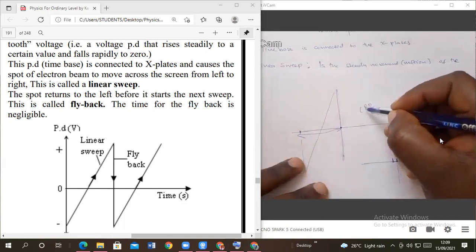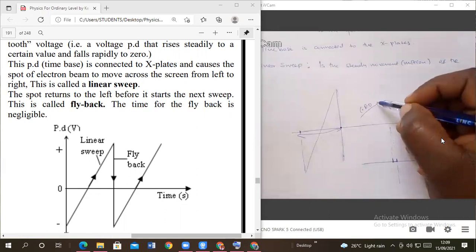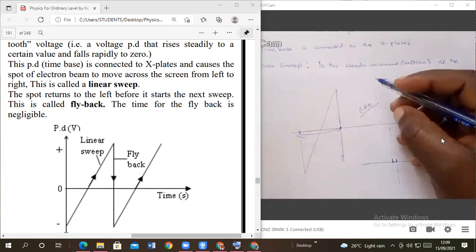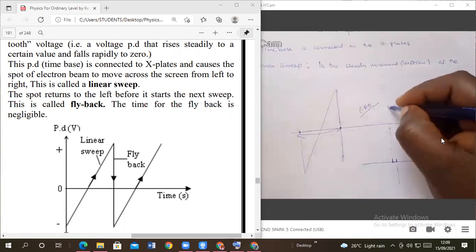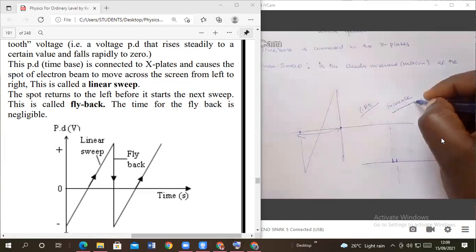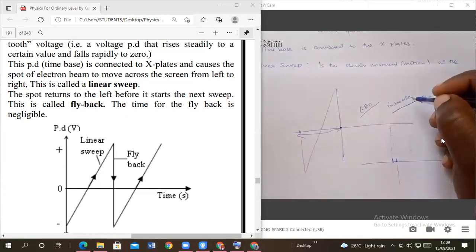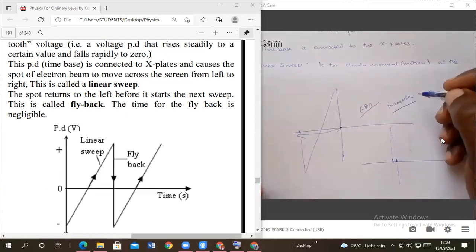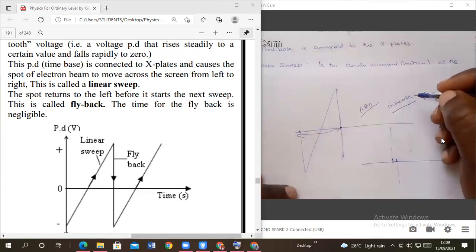The reason is that during that time, the grid's negative potential is increased. And if its negative potential is increased, it means that only a few electrons are able to reach the fluorescent screen.